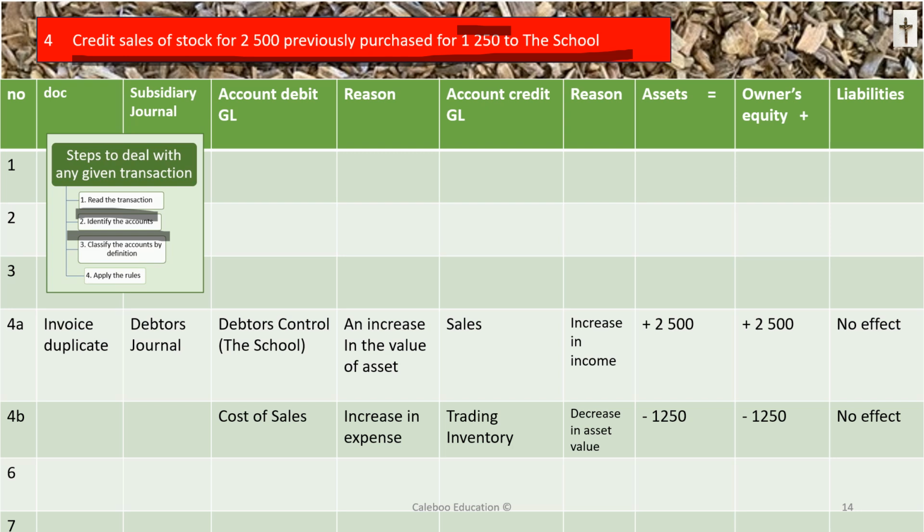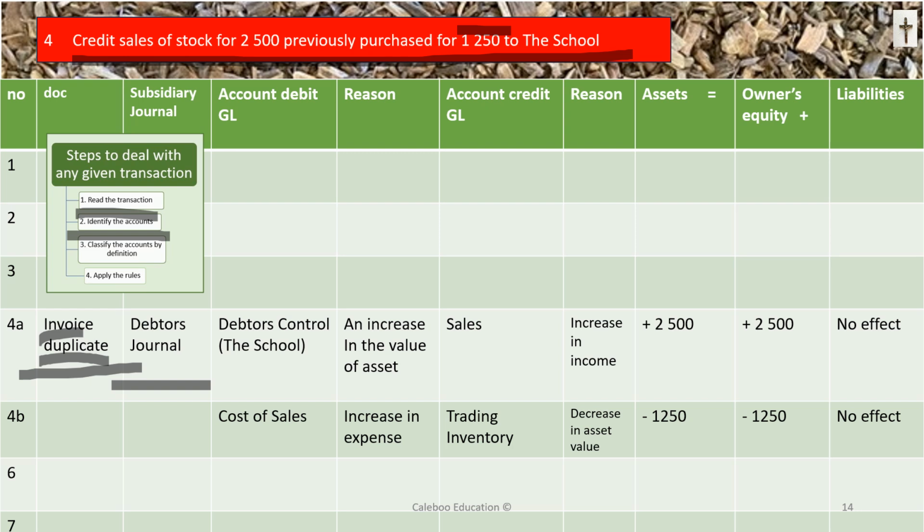Let's just deal with the document. The document that was used to record this transaction in the hands of Calibu Education, we're doing the books for Calibu, was an invoice duplicate. We have made a credit sale. Credit sales are recorded in the debtor's journal.